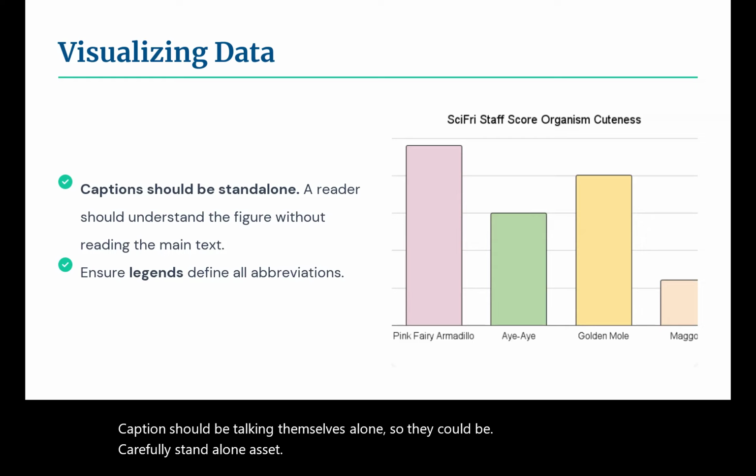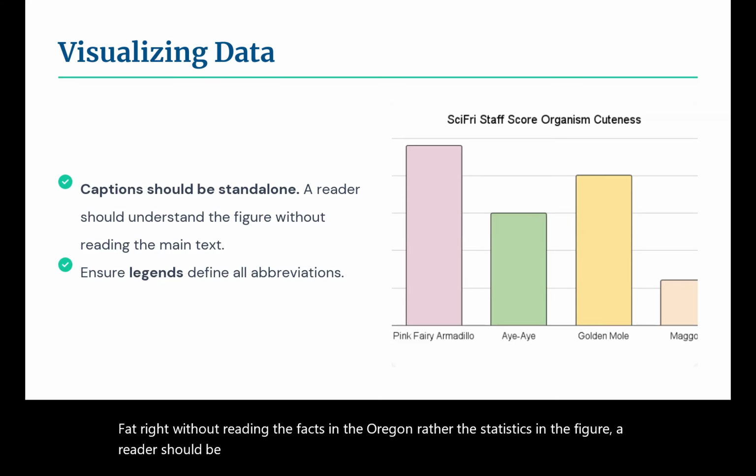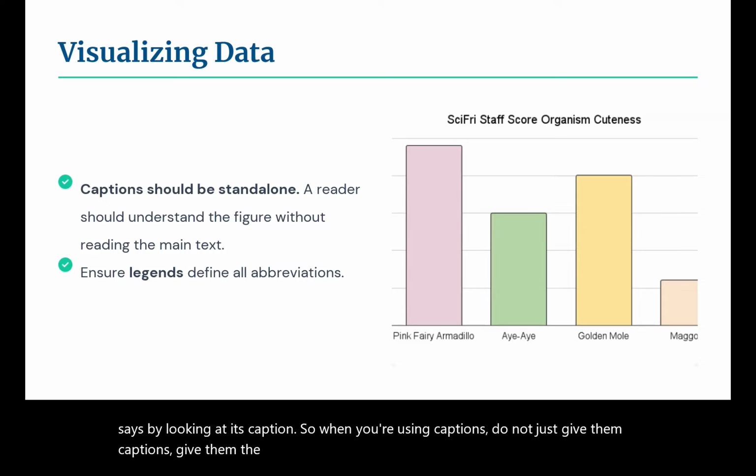Without reading the statistics in the figure, a reader should be able to understand what the figure says, what the diagram says, by looking at its caption. So when you're using captions, do not just give them captions, give them the caption that better describes the data.